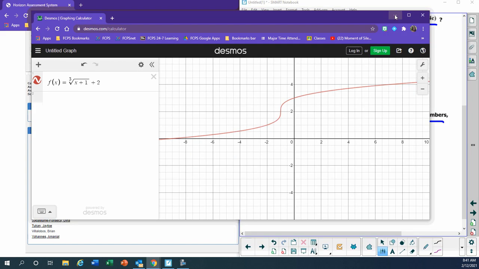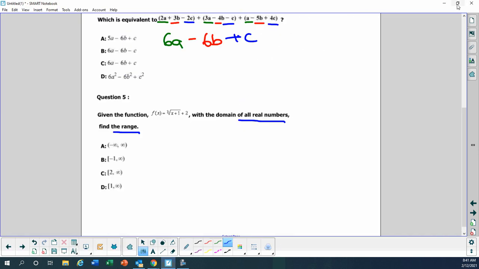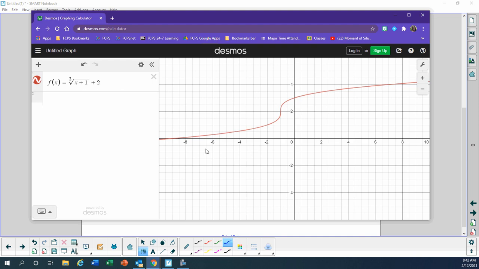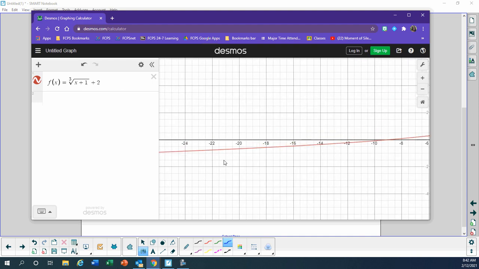So let's minimize this and come here. So our choice would be all real numbers, negative 1 to 0, 2 to 0, 1 to 0. So we just saw one of them, right? Like as we were doing it.